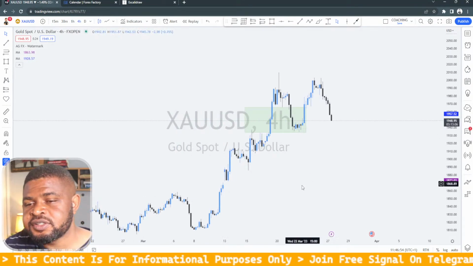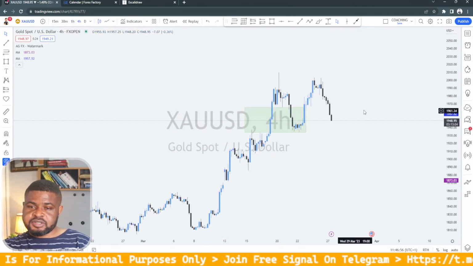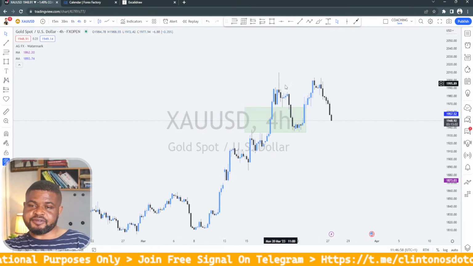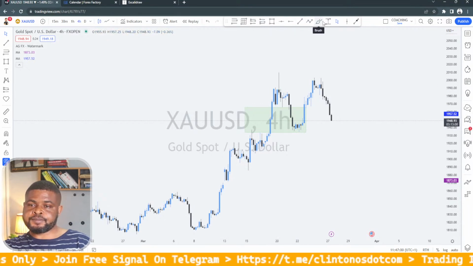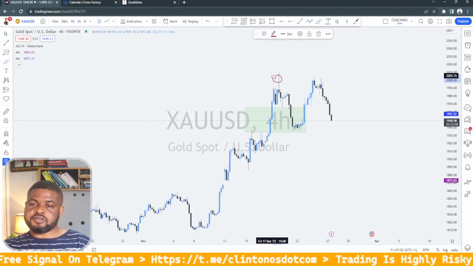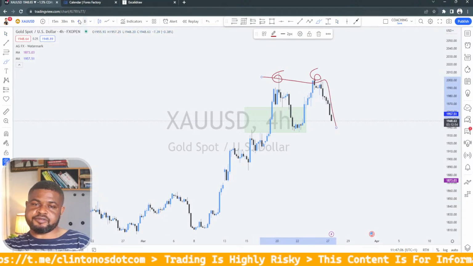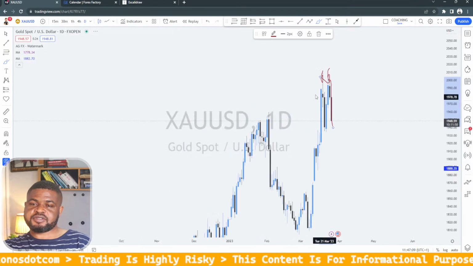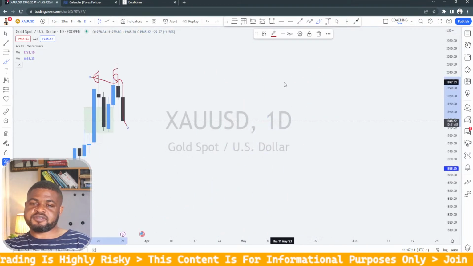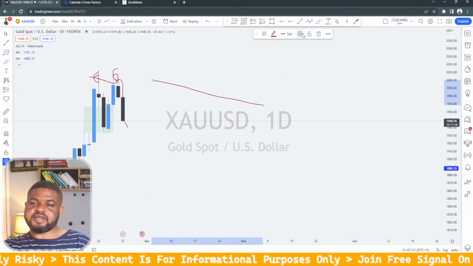But what we can see is the pullback, right? For this is the double top, right? Based off of this, that's what we're seeing right there.